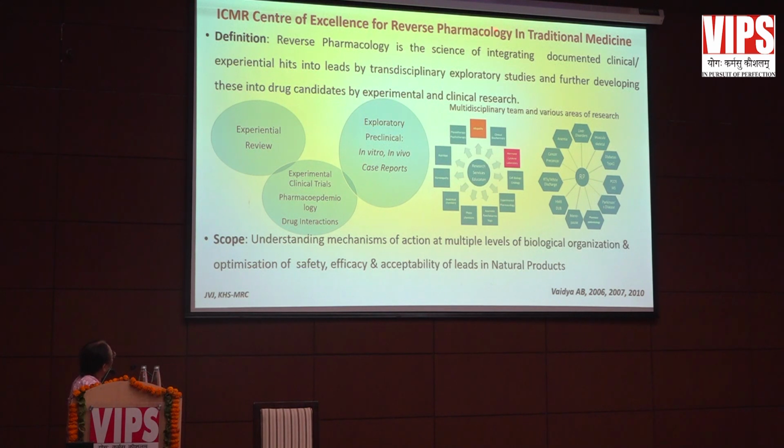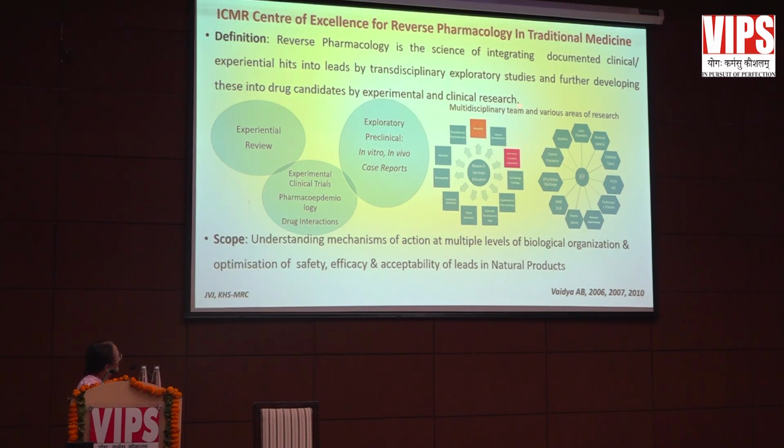This is the definition of reverse pharmacology. It is the science of integrating documented clinical experiential hits by transdisciplinary exploratory studies and further developing into drug candidates by experimental and clinical research. So we have an experiential review. We can conduct exploratory clinical trials or preclinical trials, and then experimental clinical trials, some pharmacoepidemiology studies, and we can study drug interactions also under this.